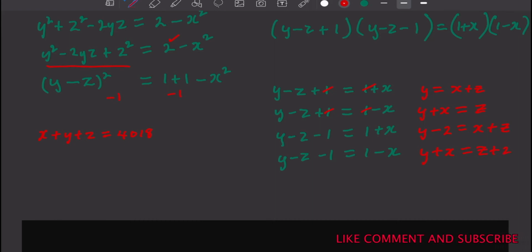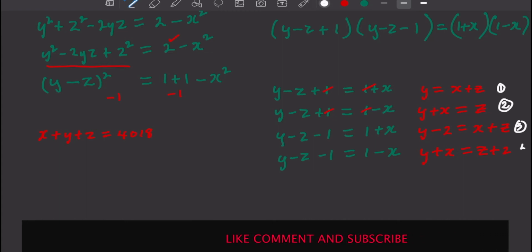So now we're going to use these statements on the right. We're going to substitute them into x plus y plus z equals 4018 and see what values we can get for x, y, and z.